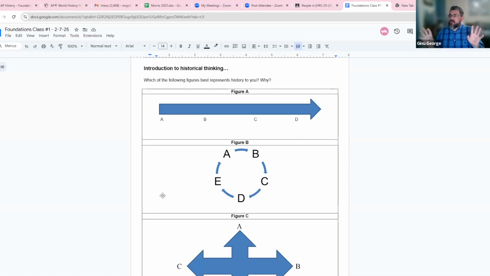Two things that I'm trying to balance here are the mechanics of how to write for the AP US History and AP World exam, but also the thinking that is going to get you the highest points. You can have really good structure of an essay, but if it doesn't have the historical thinking that they're looking for, it's not going to be the highest scoring.